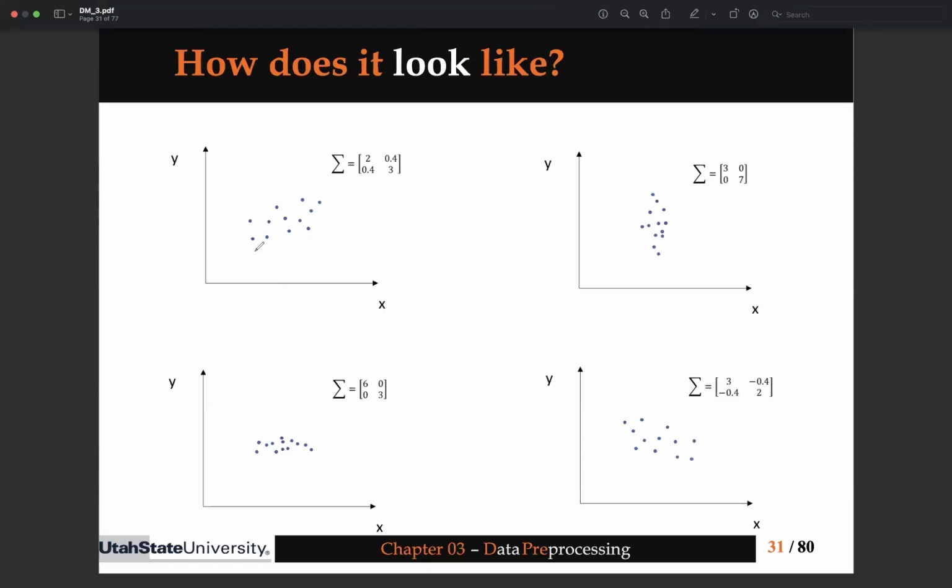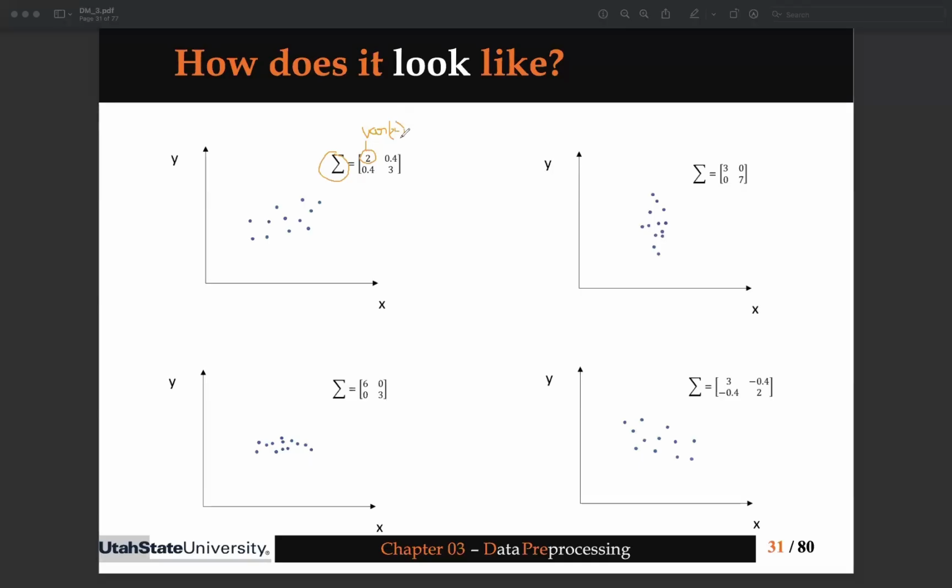So let's interpret what this sigma is telling us about our data set for this two dimensional scatter. We start with the very first variable, which is the variance of x, independently of y.